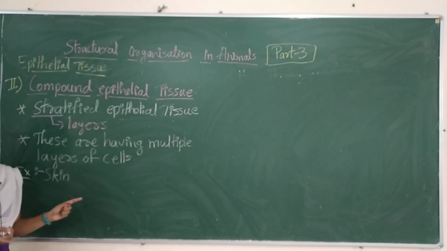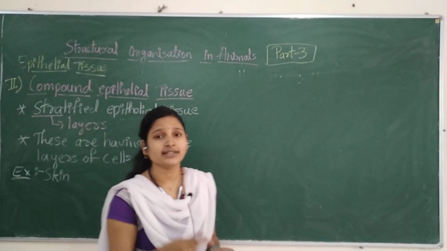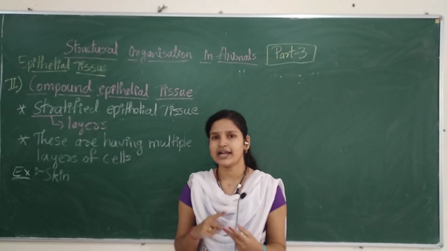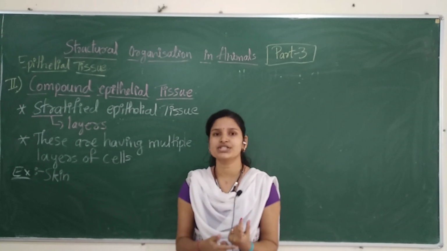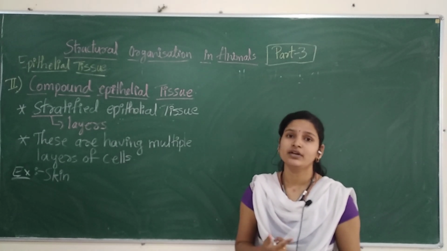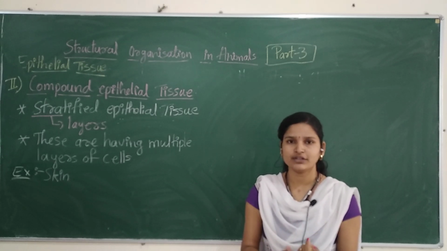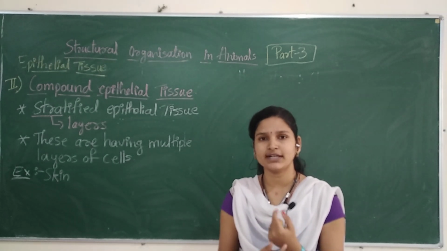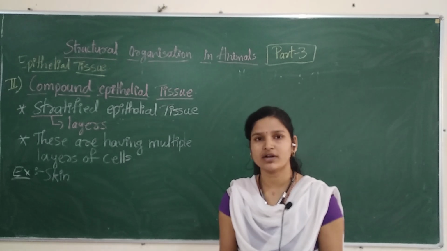When I started with the epithelial tissue, I told you that these are the covering of your body, with an outer layer and an inner layer. Outer means the skin which you are looking at, present outside of your body, which has a protective nature. Why? Because these have multiple layers. If only simple epithelial tissue were present here, it would have been damaged easily, and your blood and everything would have come out.